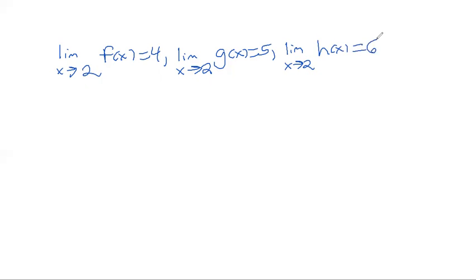Now, the functions f of x, g of x, and h of x are just arbitrary functions. They could be anything. But the important note is that all the limits of these functions approach the same limit, and that is the limit as x approaches 2.